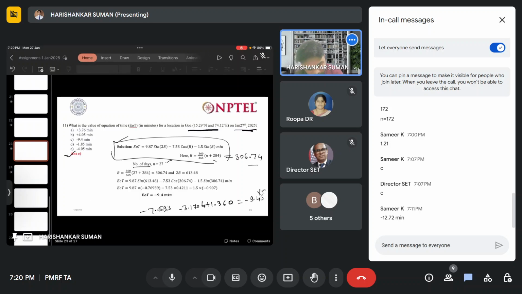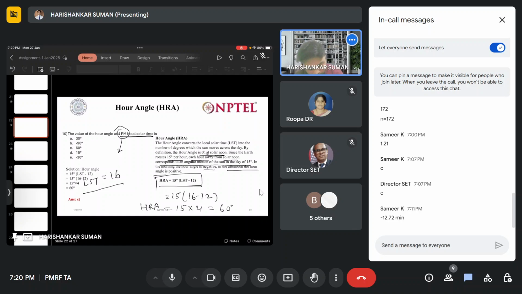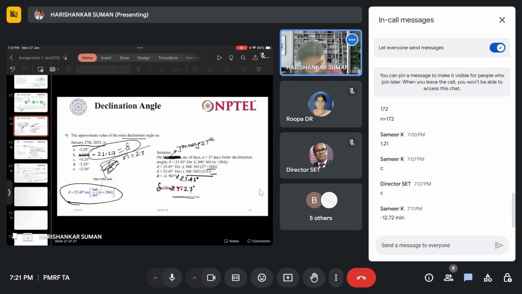So recall this equation, please also: 360 divided by 365 and plus 284.